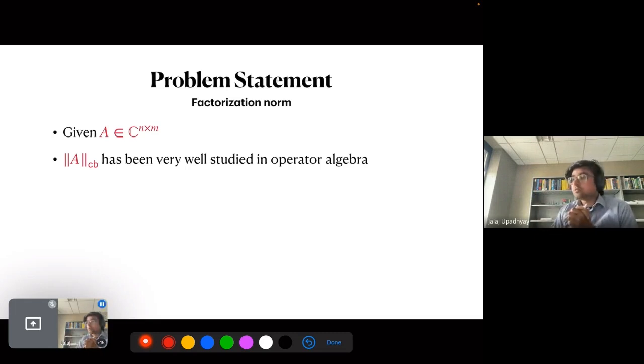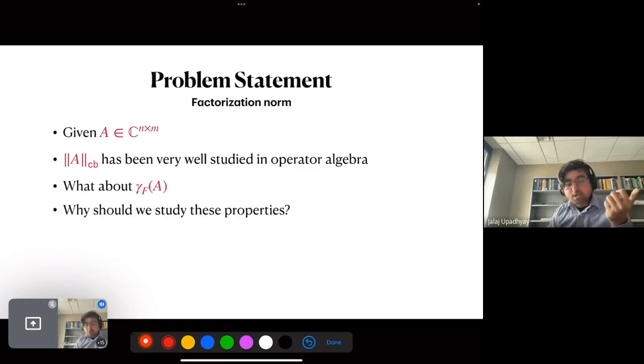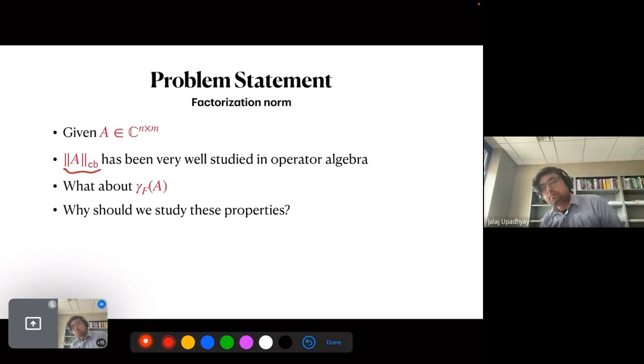It goes back to Schur in 1911, and people have covered it in various forms, from Grothendieck and a lot of people in that era, to Haagerup more interestingly. But the gamma F norm has been relatively less studied. So we will also be looking at some properties. What can we say about the gamma F norm? Whatever property we know about the CB norm, can we also show similar properties for the gamma F norm?